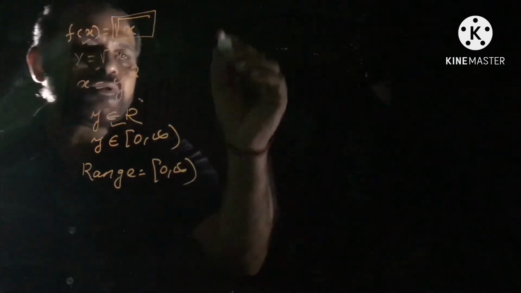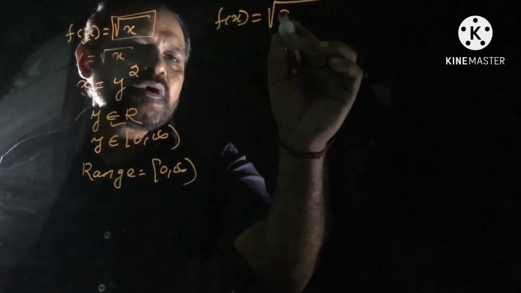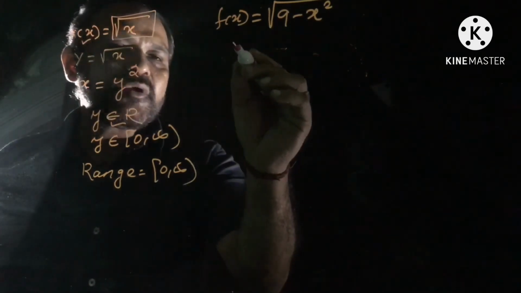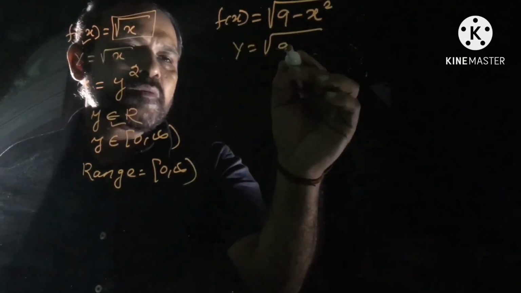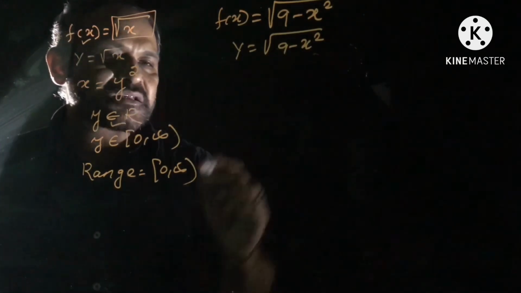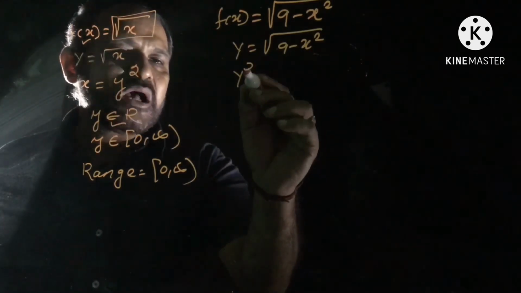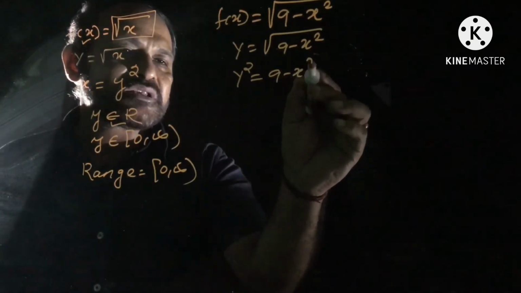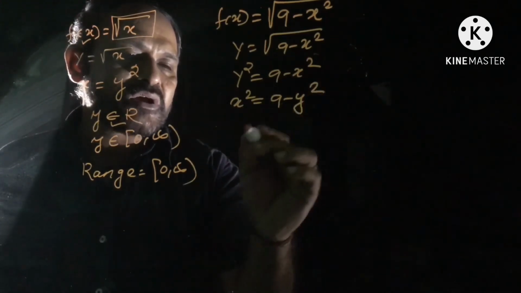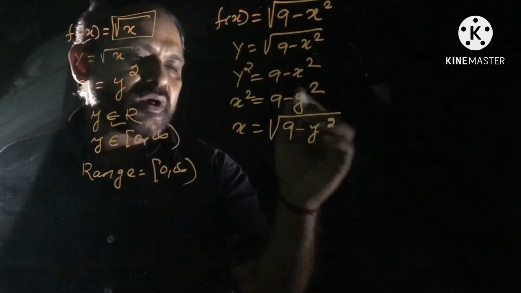Consider another example. F of x is equal to square root of 9 minus x square. Similar process, let y is equal to square root of 9 minus x square. Next find out the value of x. If y is equal to the square root of 9 minus x square, then y square is equal to 9 minus x square, or x square is equal to 9 minus y square. X is equal to square root of 9 minus y square.